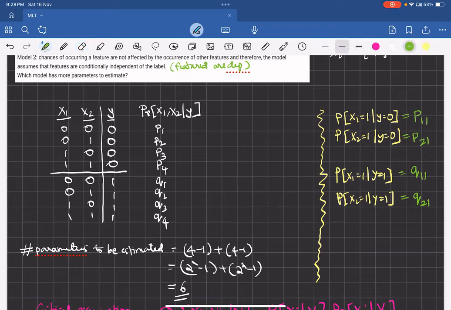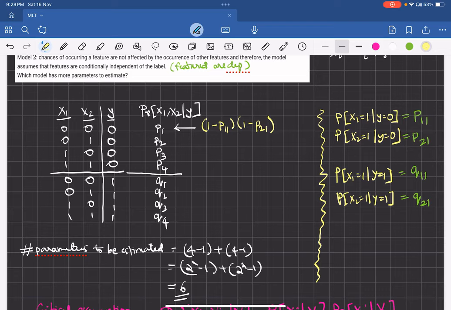So now the whole advantage of making this additional assumption, that the features are conditionally independent, is that instead of P1, we can replace P1 by 1 minus P11 multiplied by 1 minus P21.